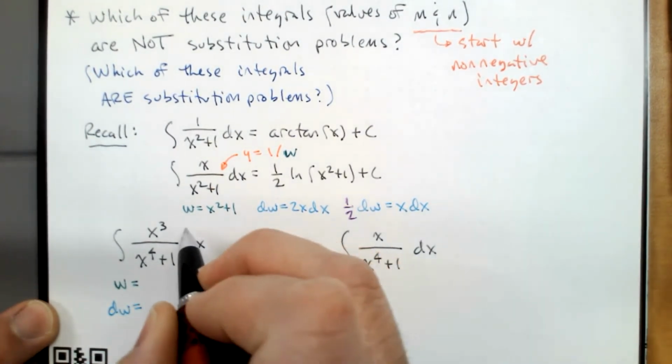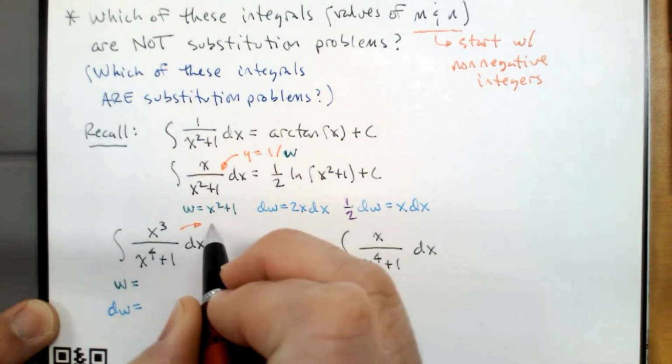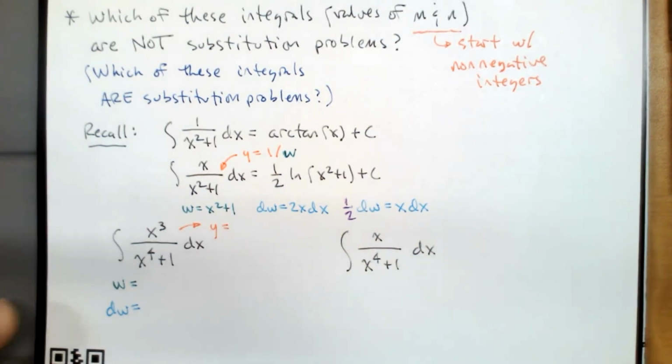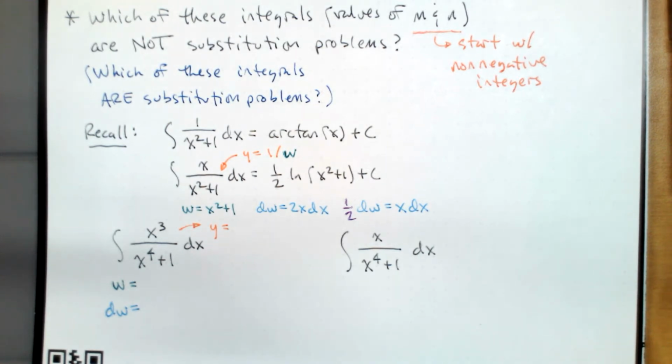And then once we do that, we've got to decide what our function that we're actually going to be integrating is. 3 choices to make, or 3 things to find out. Any suggestions for a substitution for x cubed over x to the 4th plus 1? What do you suggest?